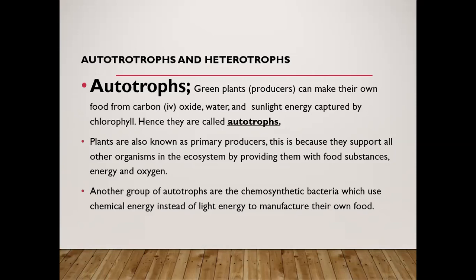Hence, they are called autotrophs. Okay? You can also call plants primary producers. Why? This is because they support all other organisms in the ecosystem.